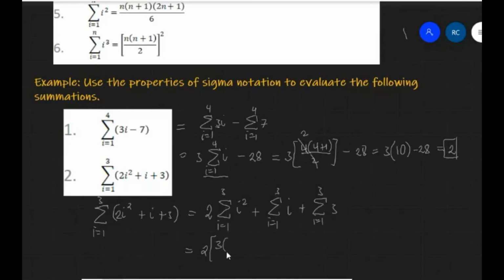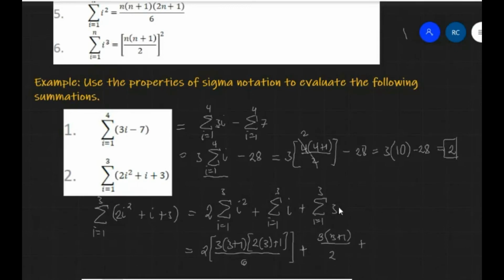Okay. So, 3, and then ito ay 3 plus 1. Tapos, 2 times 3 plus 1 all over 6. Okay. Tapos, itong I naman, ang formula niya ay 3 times 3 plus 1 over 2.